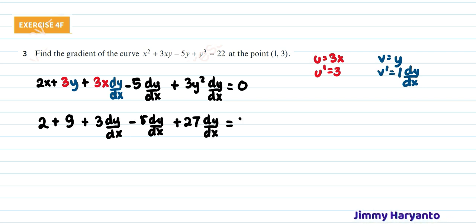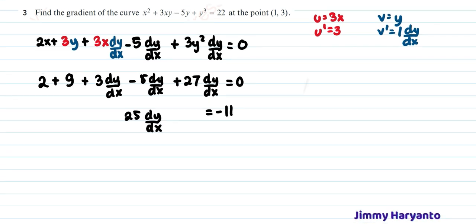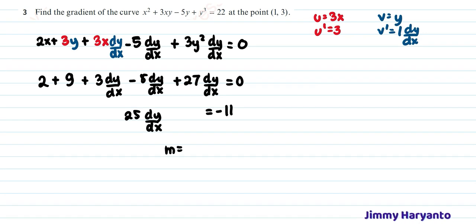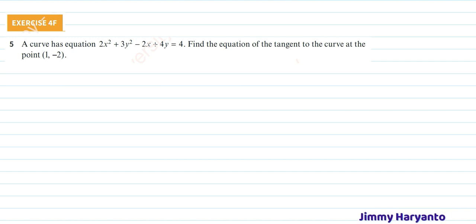See, it's faster. And then I will move the 11, 2 plus 9 is 11, to the right hand side, and then this one is 22 plus 3 is 25 dy over dx. That means the gradient or the dy dx equals negative 11 over 25. That's it.